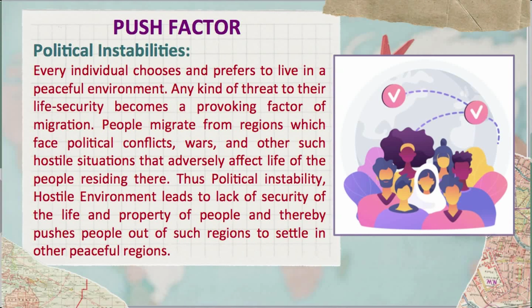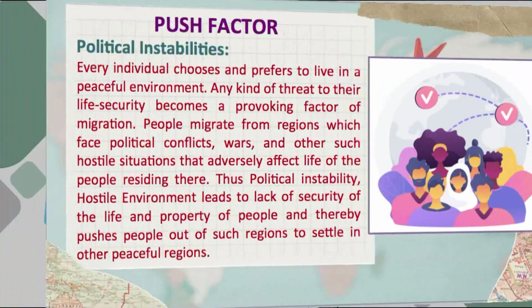Therefore, political instability and hostile environment lead to lack of security of life and property of people, and thereby push them out of such regions to settle in other peaceful regions.